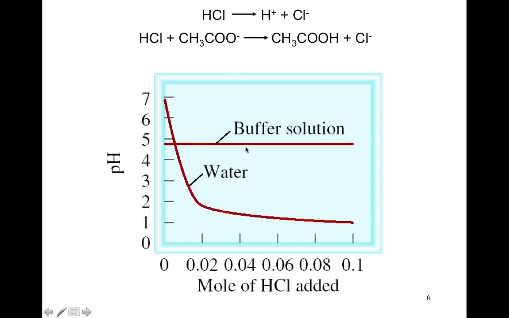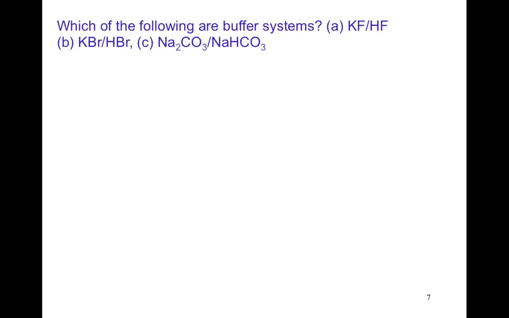And so buffers are a little better at resisting pH change, and that's really about all they do. And don't get me wrong, they're very important. Not trying to knock on buffers. They're super important. You and I are alive because of buffers, which is great.